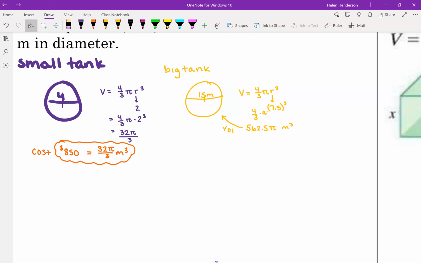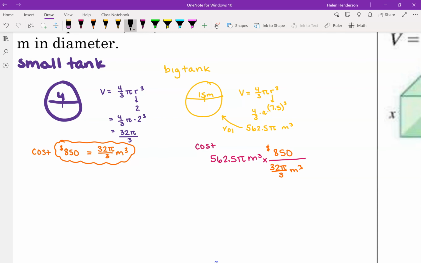So to find the cost of the big tank here, well, we know it's 562.5 pi meters cubed. And I know that for 32 pi over 3 meters cubed, it was $850.